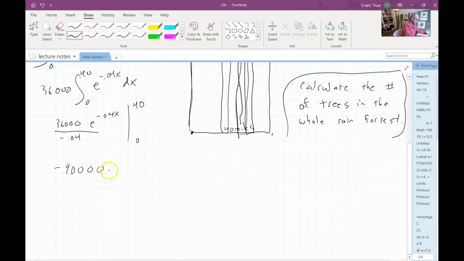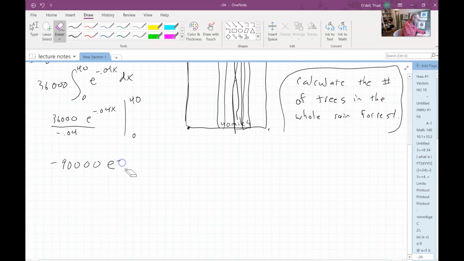Times e to the, now we put 40 in there, negative 0.04 times 40. That would be e to the negative 1.6, and that would be minus, so we plug a 0 in there, and that would be e to the 0, which is just 1.